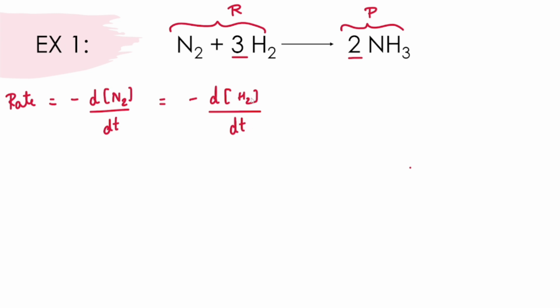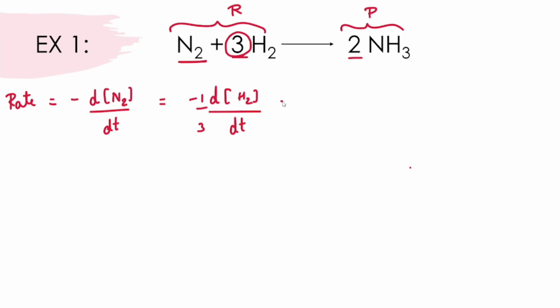Now we see for N2 we don't have any stoichiometric coefficient, so there's no need to include anything. But here we have 3 as the stoichiometric coefficient, so we have to put the reciprocal of 3, 1 by 3. Okay, now we have completed writing the rate expression for the reactant. Now we can write the product.